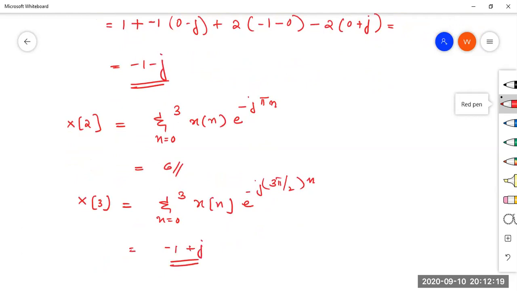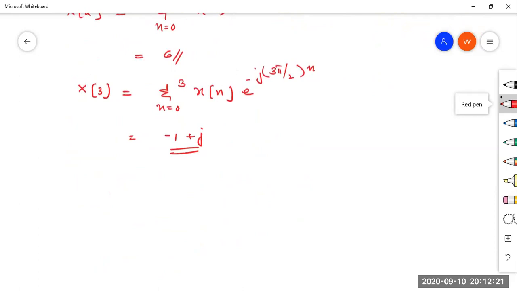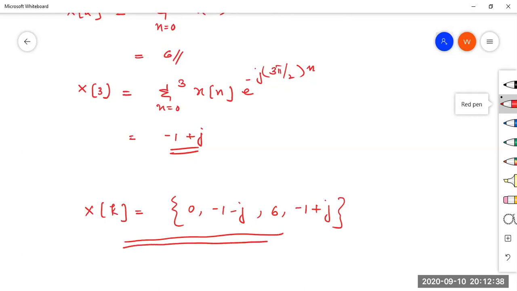So the final answer, the DFT of this particular sequence, X of k is equal to 0, minus 1 minus j, 6, minus 1 plus j. This is the DFT of the sequence. Okay, thank you.